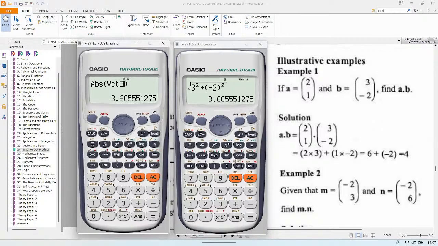Let's look at the magnitude of vector A. Shift 5. Let's try vector A. 2.236. Manually, I would have done it: root of 2 square plus 1, which is root 5, the same as this answer. So you do understand?